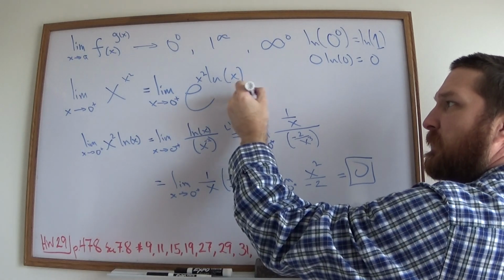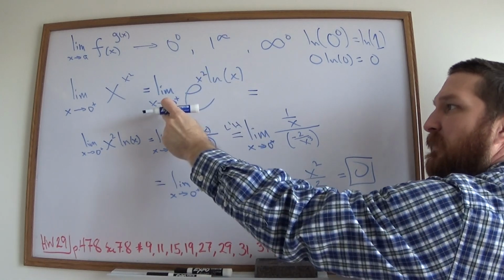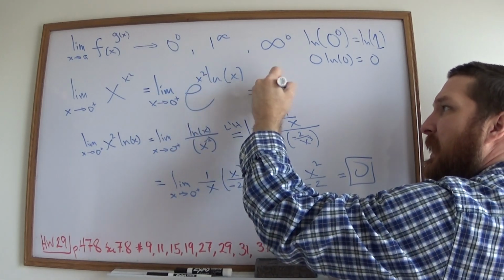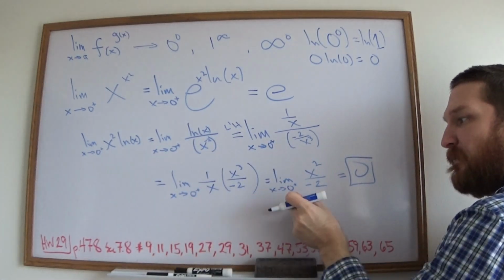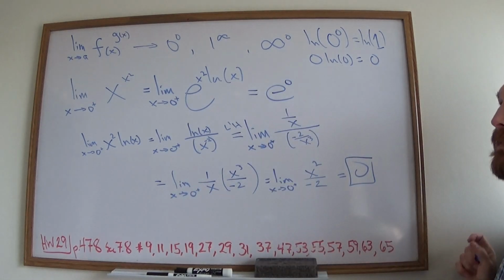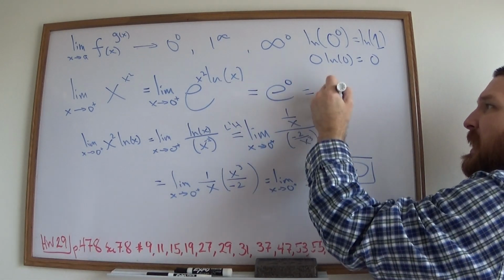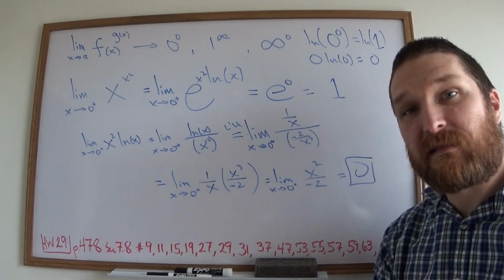What I should have done is said, okay, the limit of e to this stuff as x goes to 0 is the same thing as e to the limit of this stuff, which we found was 0, and then plug that back in at the end. And so yes, it does go to 1, not 0.